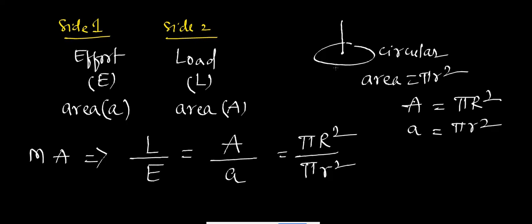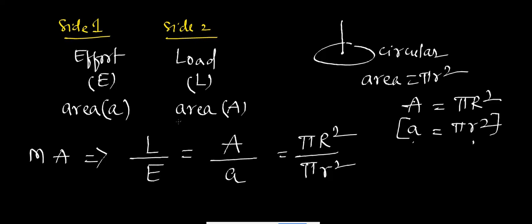We have a piston on side 1, also we have a piston on side 2, right? Side 1 piston is very small in area. So if you take the area of that smaller piston, what is the formula? Pi r square. As you are using a lowercase letter for area, for radius also you have to use lowercase r.